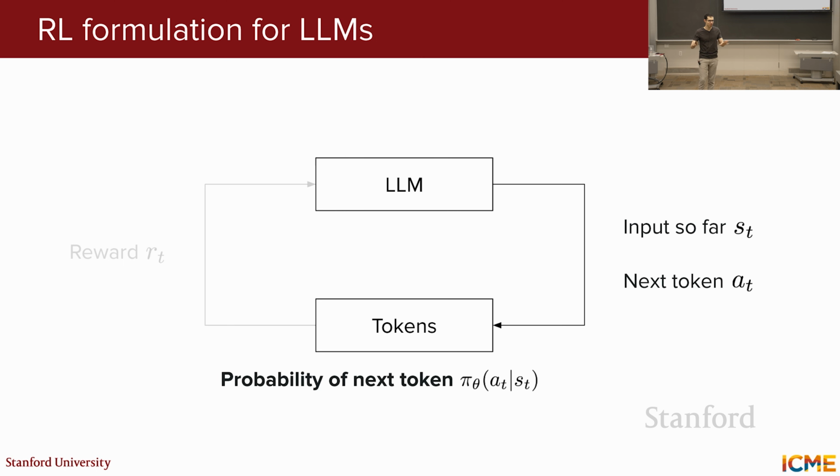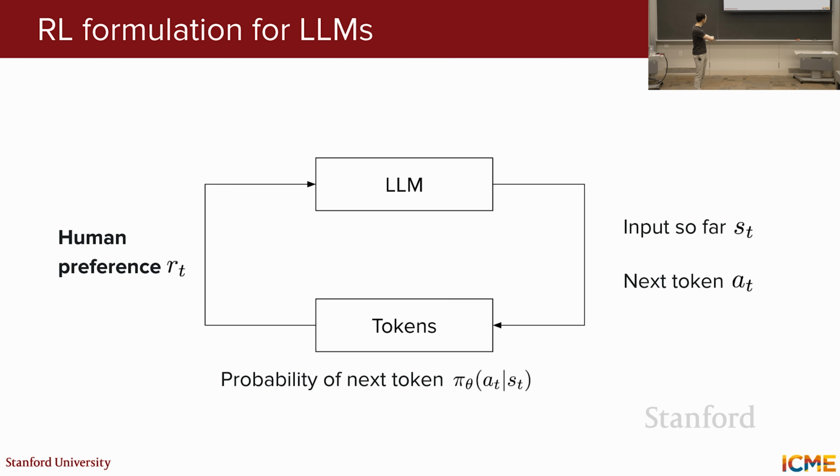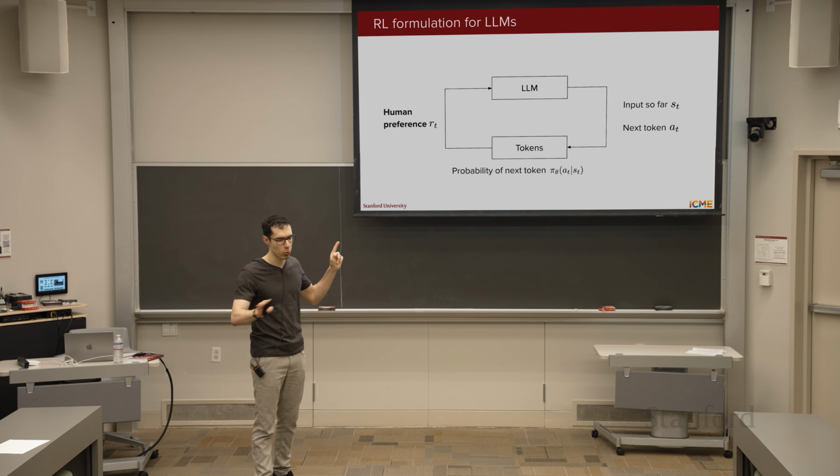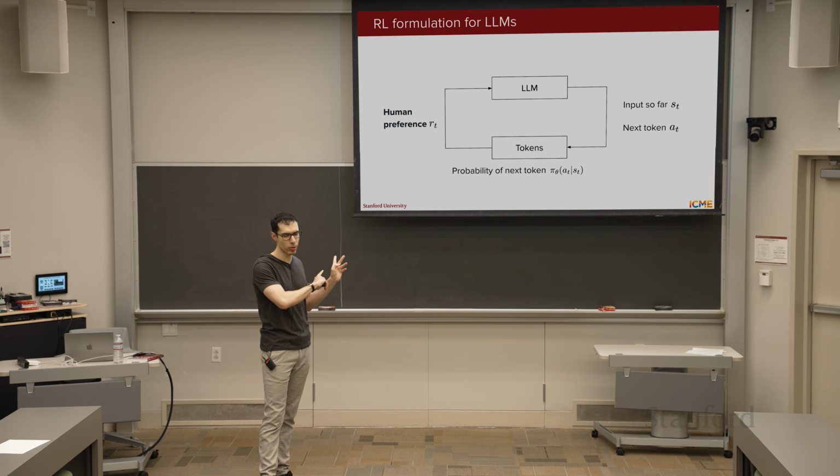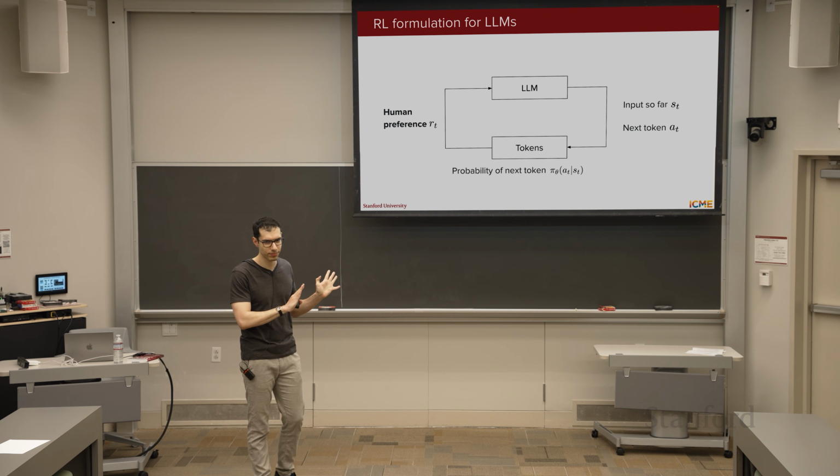So far, so good? Now we're adding one additional thing. I told you we're composing our preference data sets, and we want to know which output is better than the other output. So we're going to use that for our reward, and we will see how we will use that.